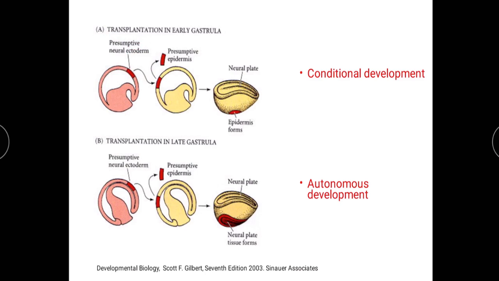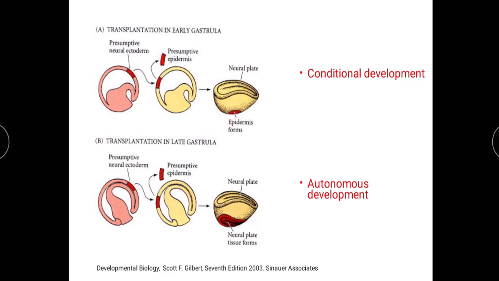So when he transferred these cells to another gastrula, he found that though these cells are expected to form neural ectoderm, when they were transferred to another region of this gastrula, the local cells instructed them that you have to develop into epidermal cells.